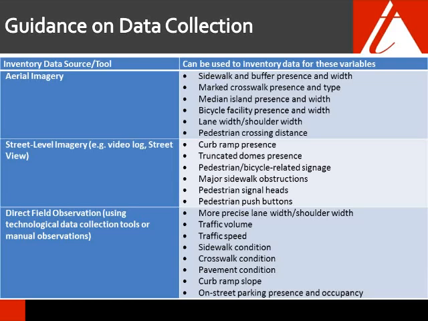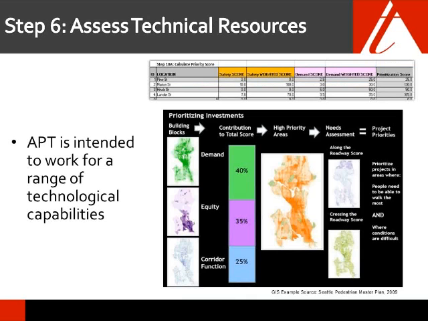And then of course there's some things that can only be collected directly in the field, and so we have that all listed out, and a lot of resources on where an agency might go about getting data. And I'll say that if you just had U.S. Census data, you could do a lot with that using this tool.